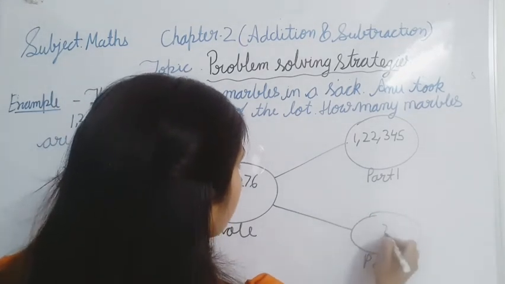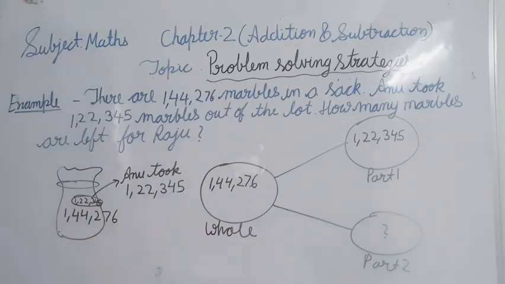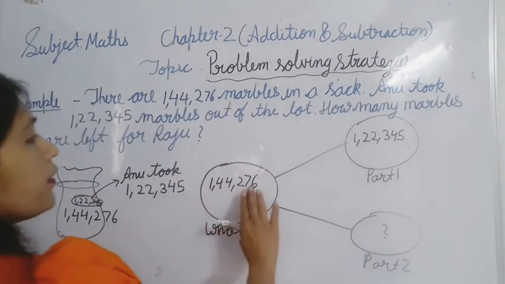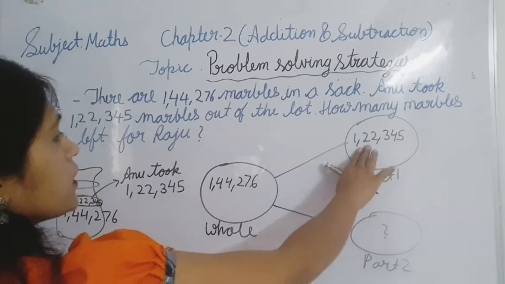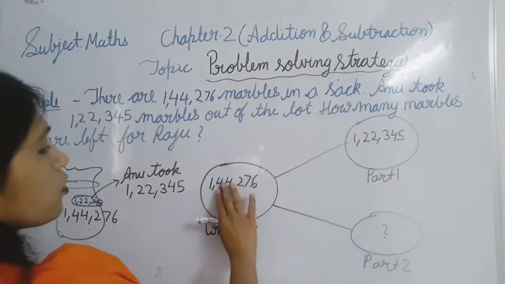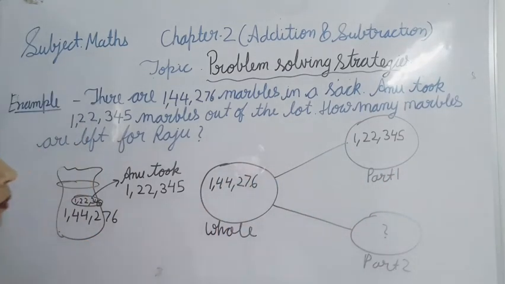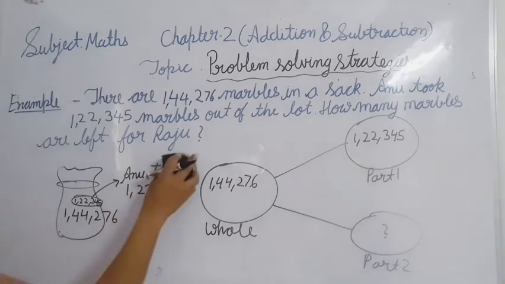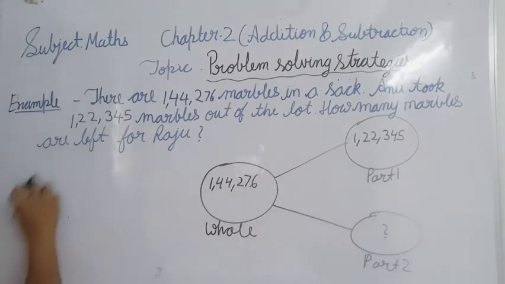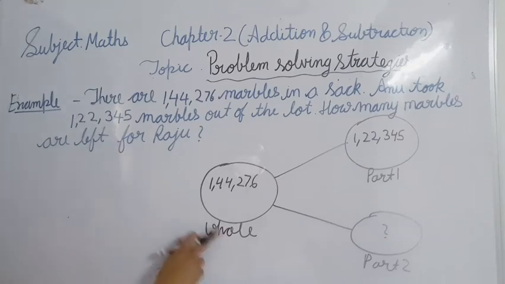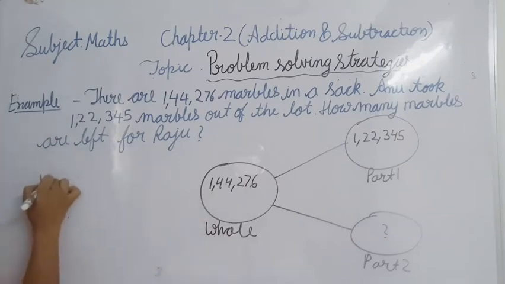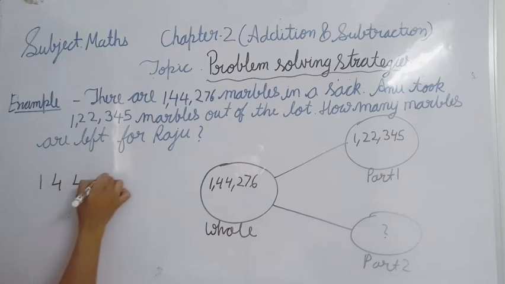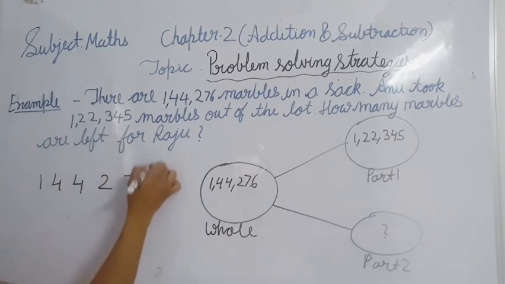So how will we find part 2? How will we find this? If we take out this many marbles from this, we can find the leftover marbles. So we'll do the subtraction here. So let's subtract. First we'll write the whole, total marbles, 1,44,276.